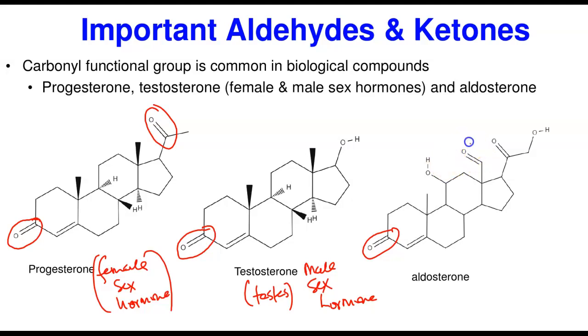Again, look at this here. There's a hydrogen here, so this is an aldehyde functional group, and then this is also a ketone functional group. So all these molecules are biological aldehydes and ketones. Now aldosterone is a mineralocorticoid.